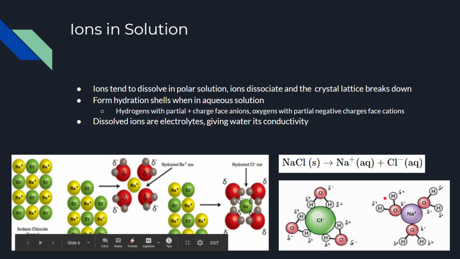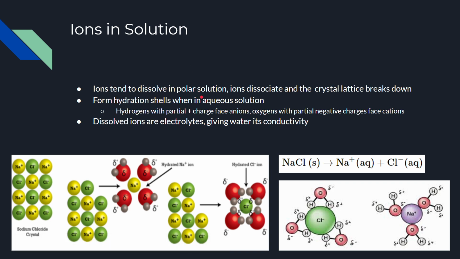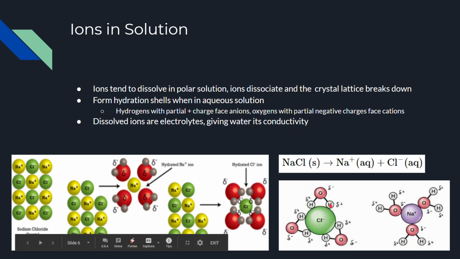Now, finally, to end this up, we're going to go into ions in a solution. Ions tend to dissolve in polar solvents, such as water, and ions dissociate, and the crystal lattice structure will break down. Then, in aqueous solutions, or solutions that have water, they will form hydration shells, as you can see right here.